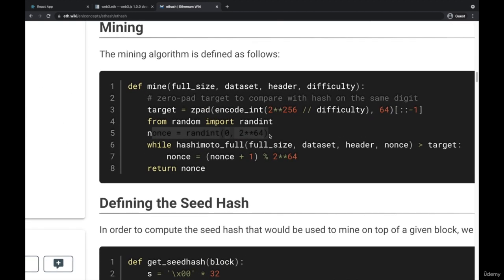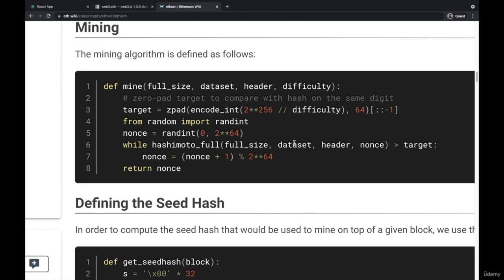They're looking for a random number from the interval of 0 to 2 to the power of 64. In the while loop, they put it together with the other information about the block, the dataset and the header, and the nonce, and it has to be bigger than the target. If it's not, just increment nonce plus 1 and run this algorithm again until you find the correct number, which will be larger than the target.